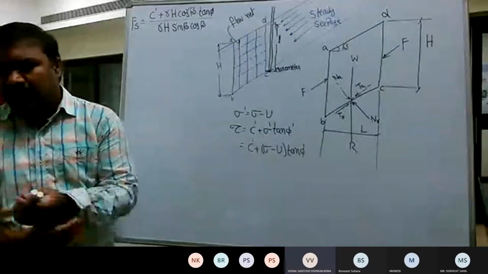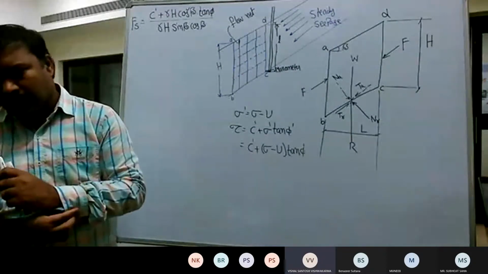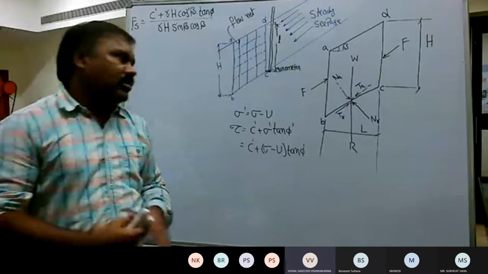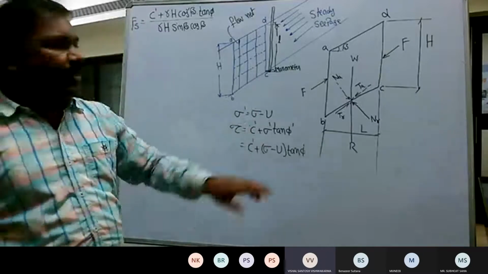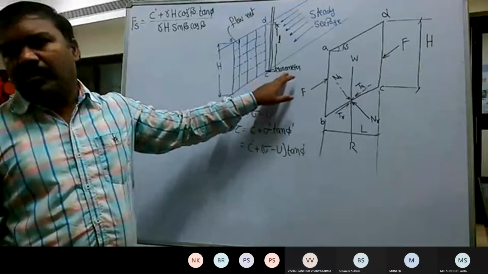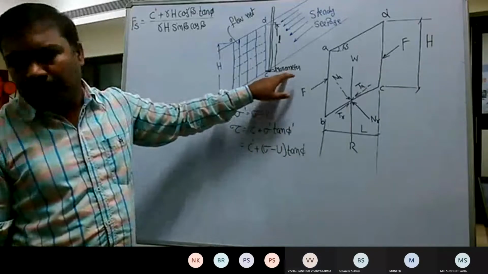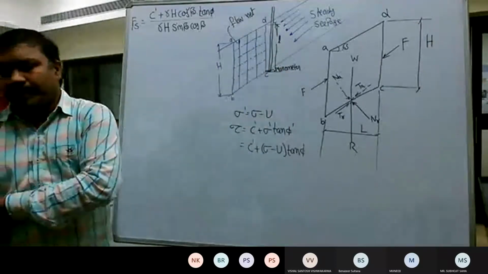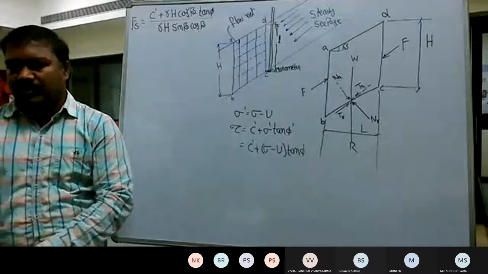That calculation we will do later, but I'm just asking. Just recall your fundamentals. If I put my manometer here, what would be the rise of water level in this manometer?